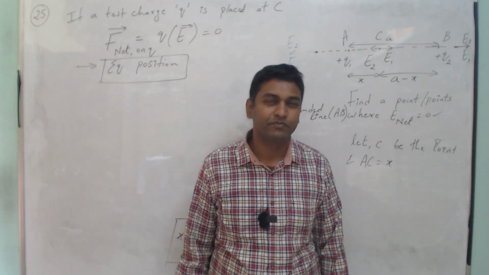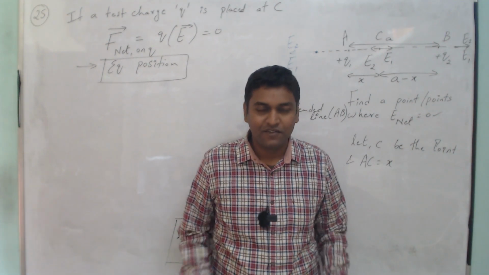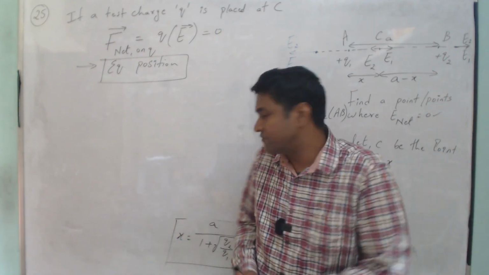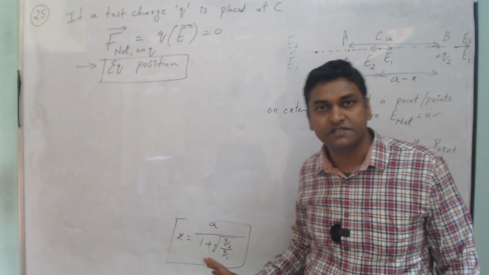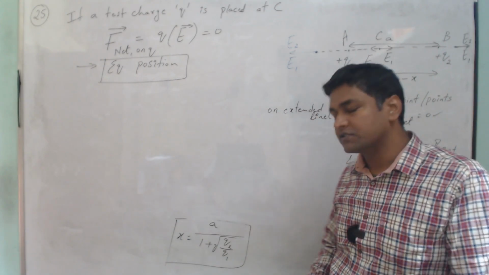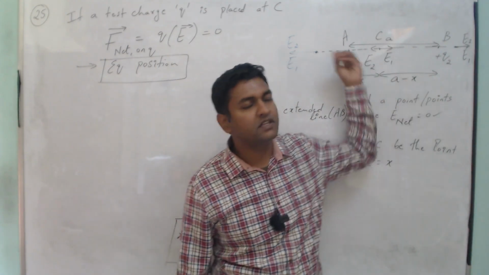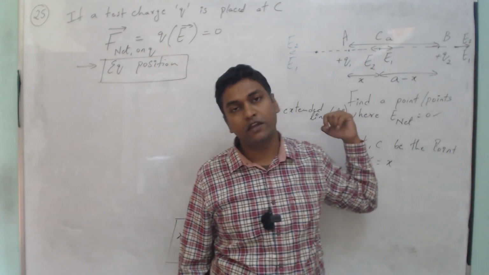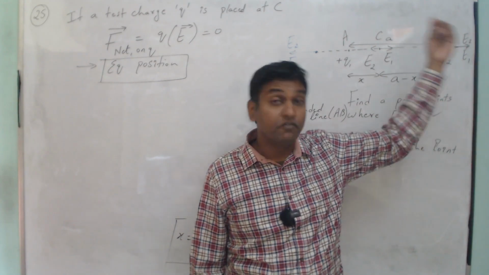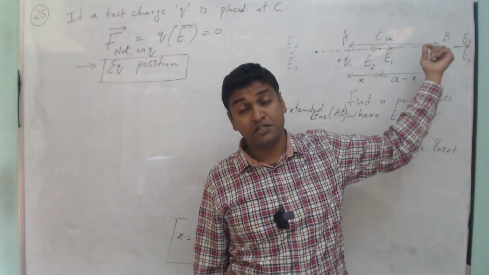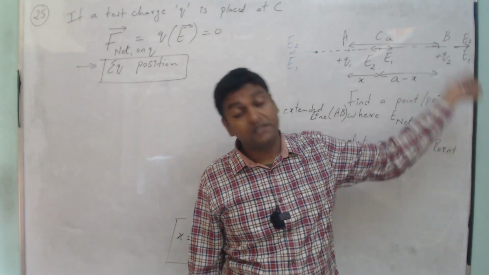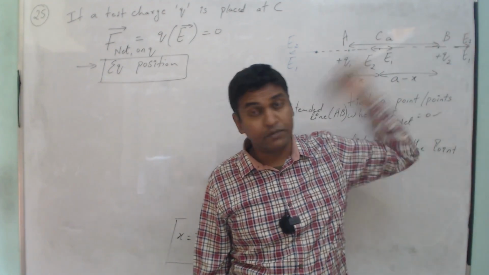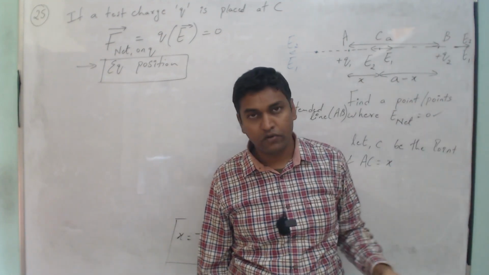So we found out where the equilibrium position is. What I am saying is, if the question is given that there are two charges q1 and q2 placed at a distance of a, find where a third charge q should be placed such that the charge q is in equilibrium with q1 and q2, right?